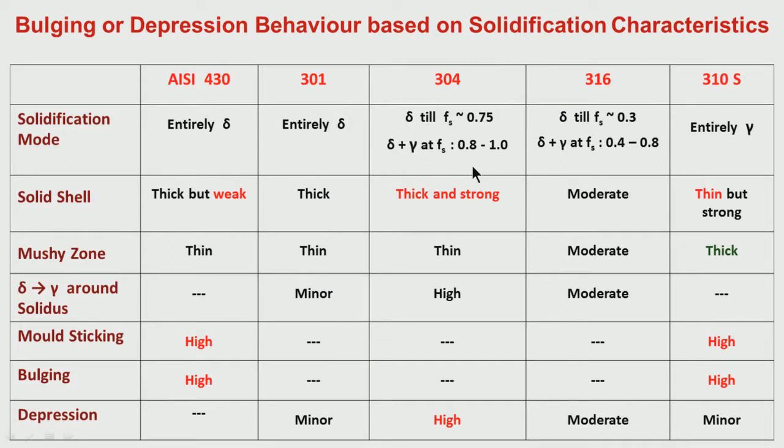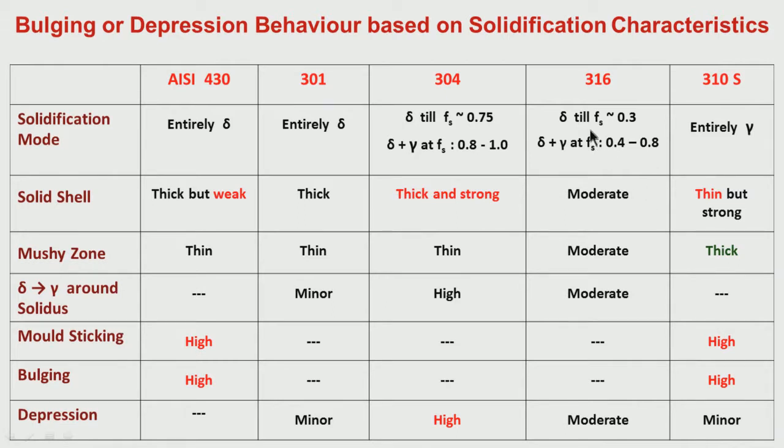So towards the end of solidification, you have a lot of delta to gamma transformation taking place. 316, as I told you, delta is present initially and is present only up to 30% of solid fraction. Above that we have gamma transformation, and delta to gamma is taking place above this crucial brittle temperature region between 90% and 100% solidus.